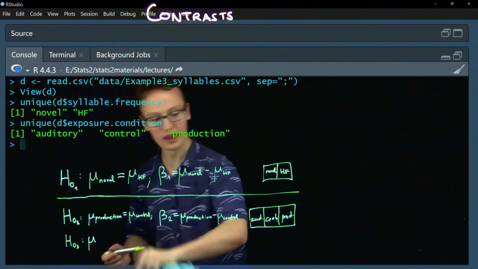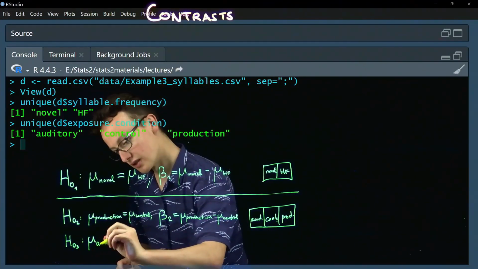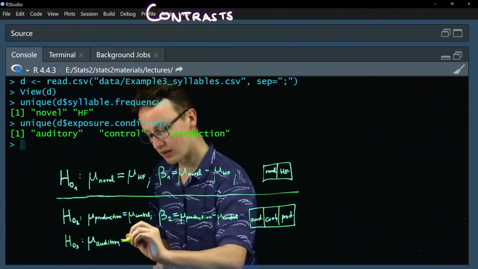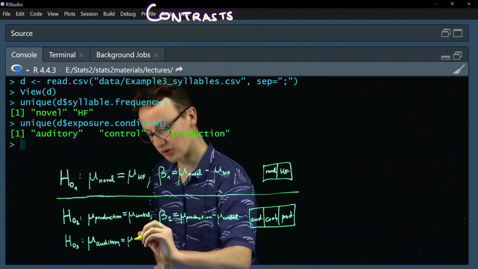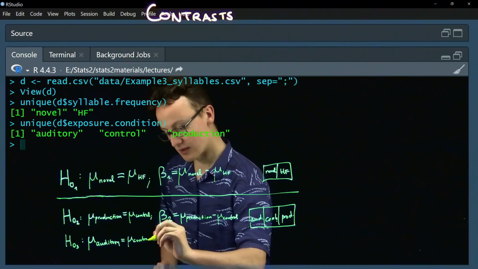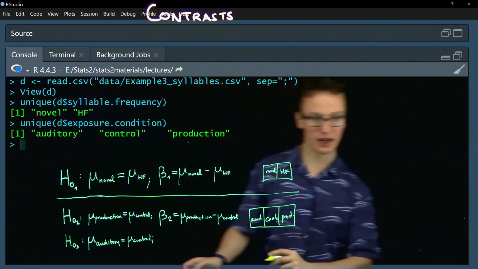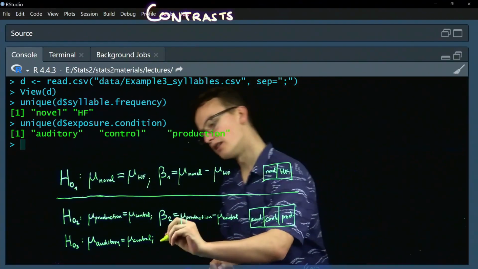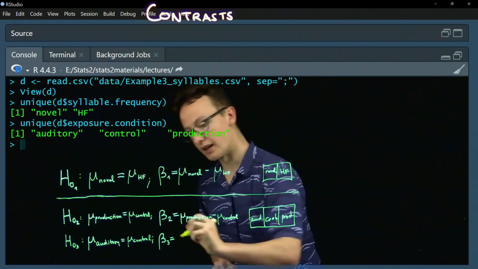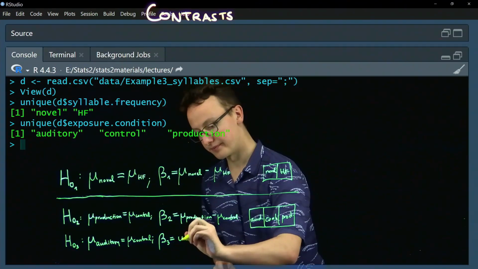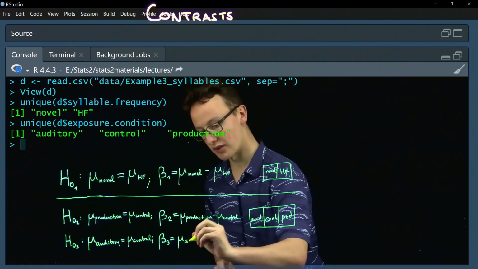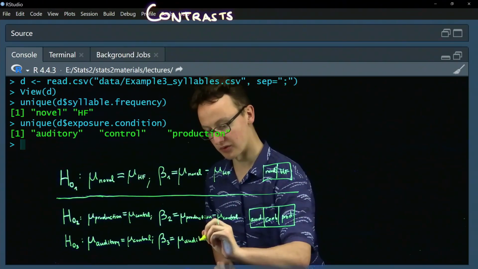So mu for the auditory training condition is equal to the mean response latency of the control condition, according to this null hypothesis. And so the corresponding beta parameter that's estimated here would be equal to the mean of the auditory condition minus the mean of the control condition.